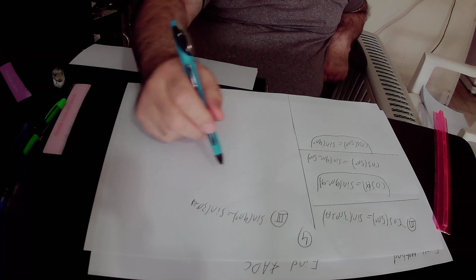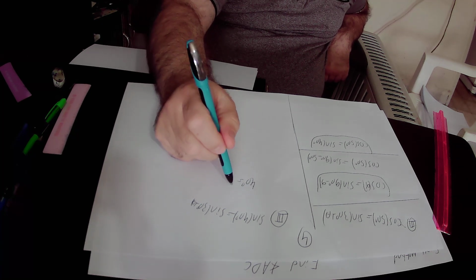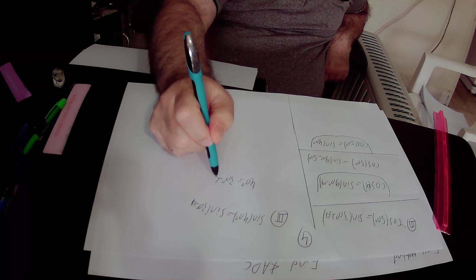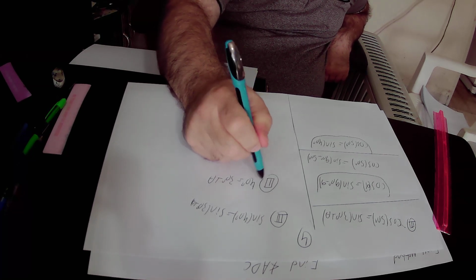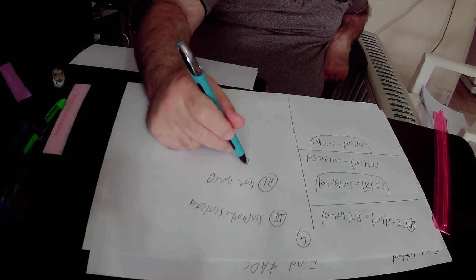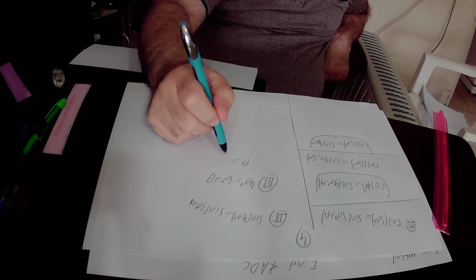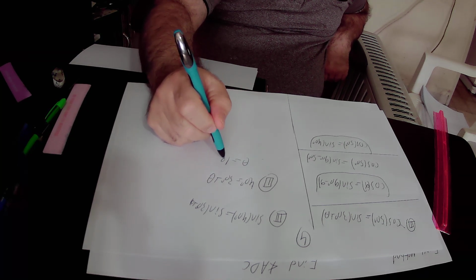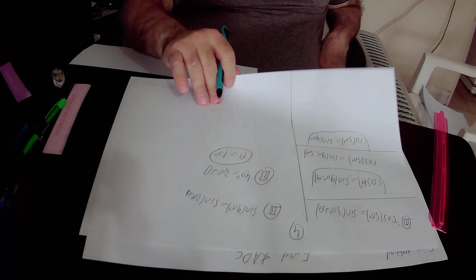From this equation we will derive that 40 degrees equals 30 degrees plus theta. Here we will subtract 30 degrees, and we will get that angle theta equals 40 degrees minus 30 degrees, which is 10 degrees. So we found out that angle theta equals 10 degrees.